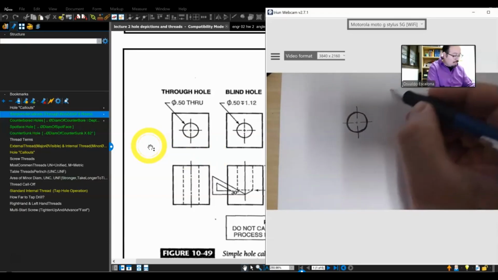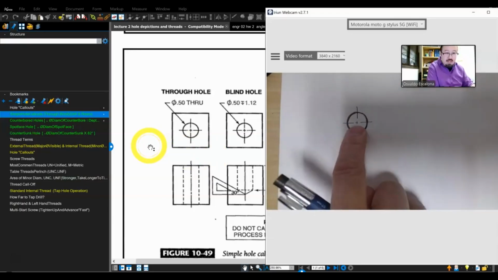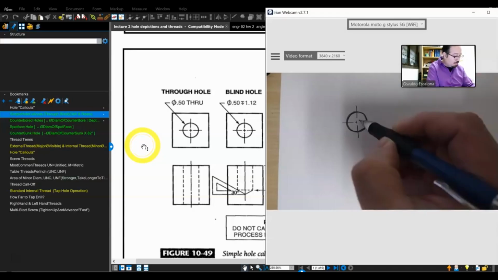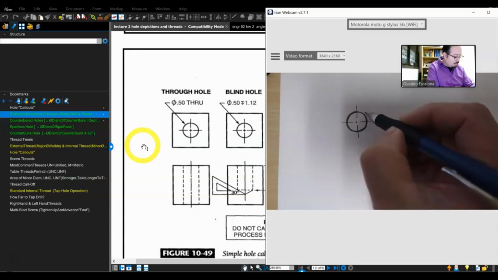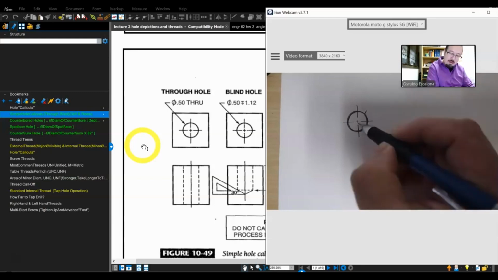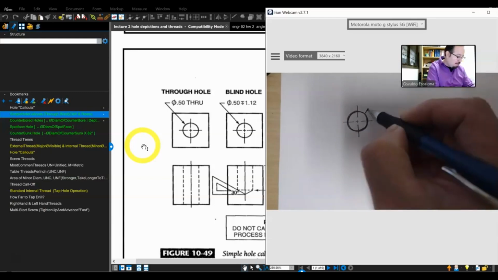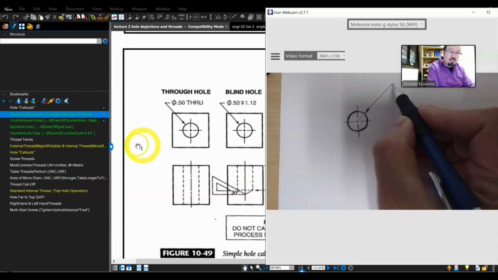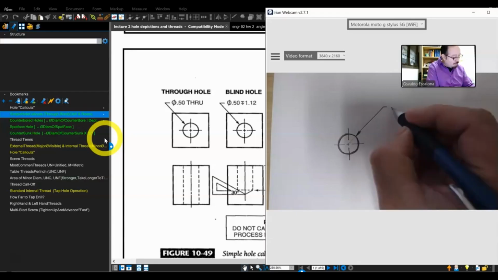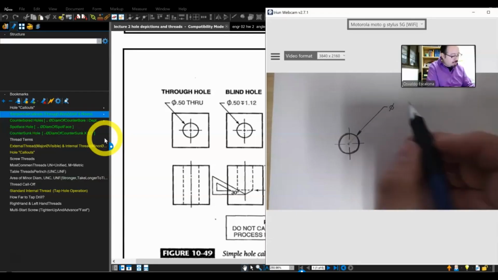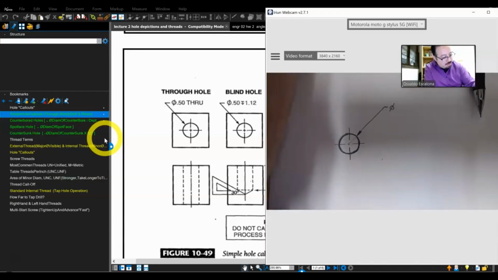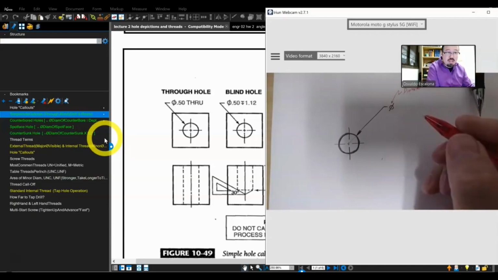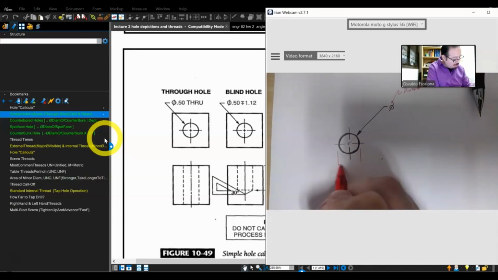You go towards the center of the hole, move away along the same center line, and then make a little shoulder, about 1/8 of an inch. Then you put this symbol, which is called the diameter symbol. The diameter is this distance.